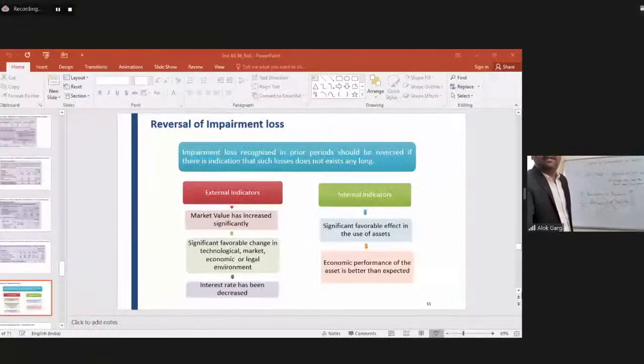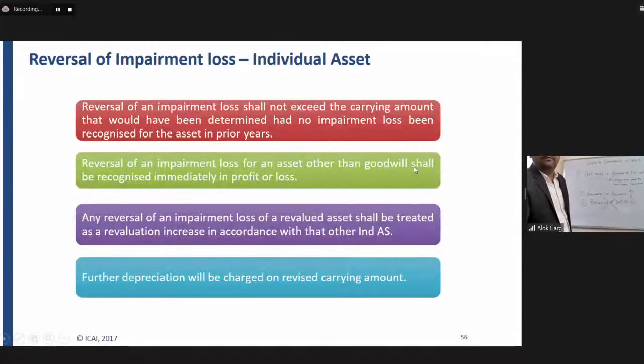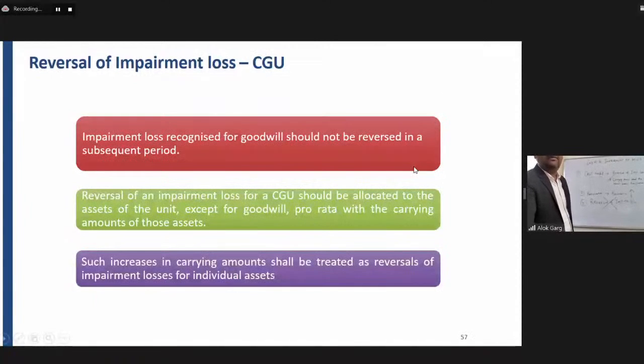We discussed this internal indicator and external indicator part. Impairment loss recognized for goodwill should not be reversed in a subsequent period. Reversal of an impairment loss for a CGU should be allocated to the assets of the unit, except for goodwill, pro rata with the carrying amount of those assets.